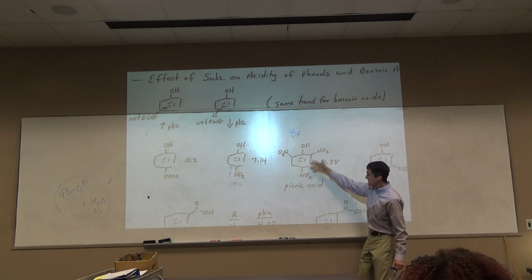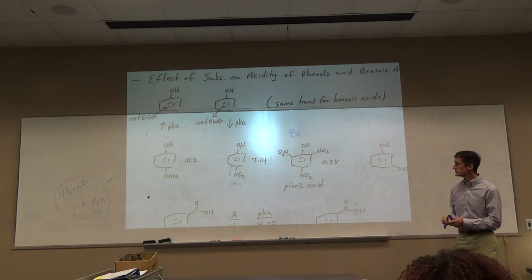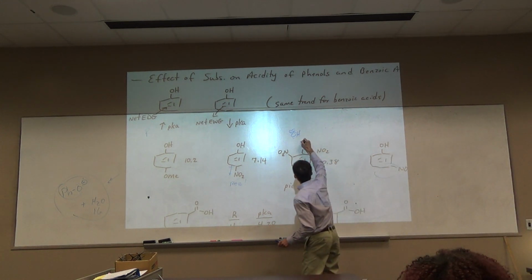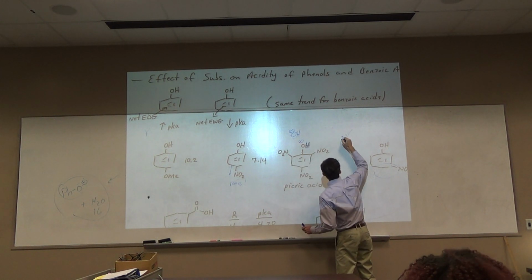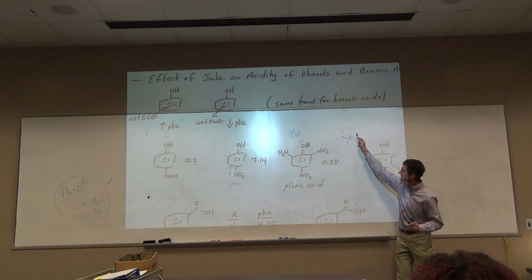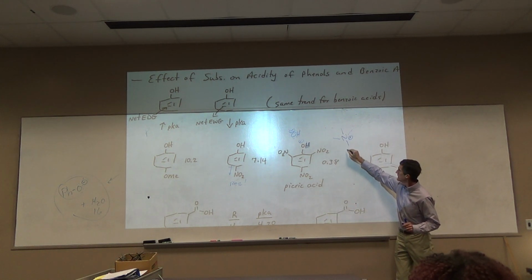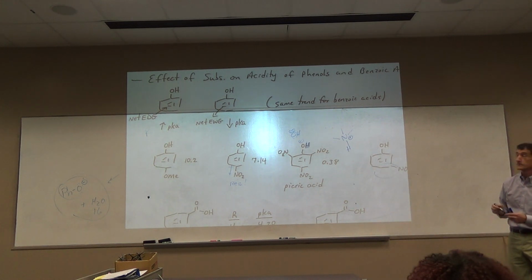Yeah, picric acid is also explosive. Sometimes you may see picric acid salts, where this is the anion, and then you have some positive, maybe a positive nitrogen. And that would be the picrate salt of this amine or something. But such salts can be explosive.